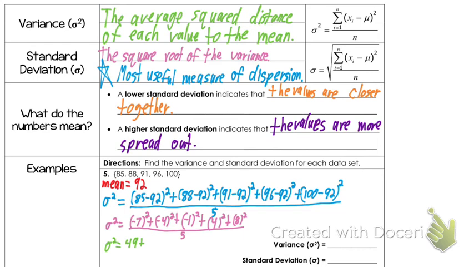Positive. 4 times 4 is 16. Negative 1 times negative 1 is a positive. What's 1 times 1? 1. Next, 4 squared is 16. Next, 8 squared is 64. All over 5.